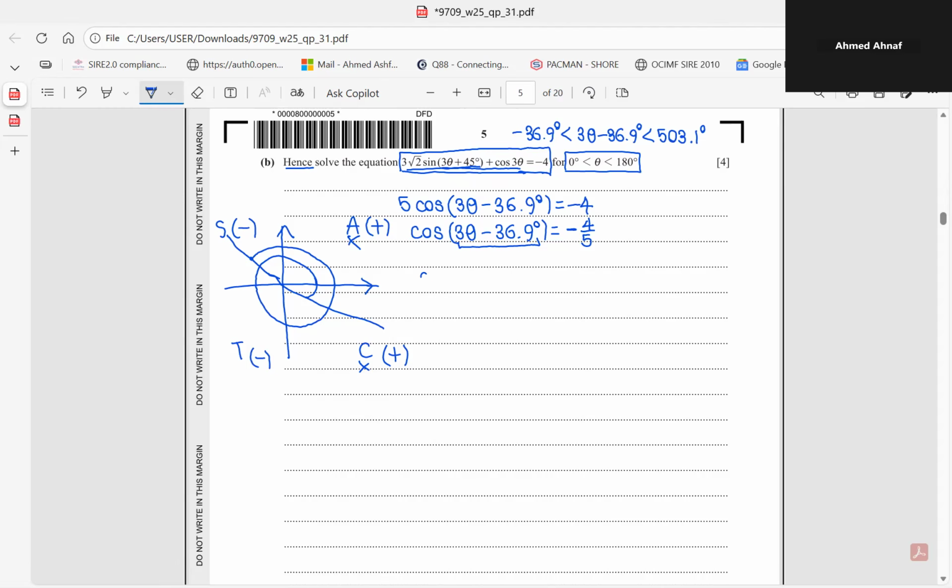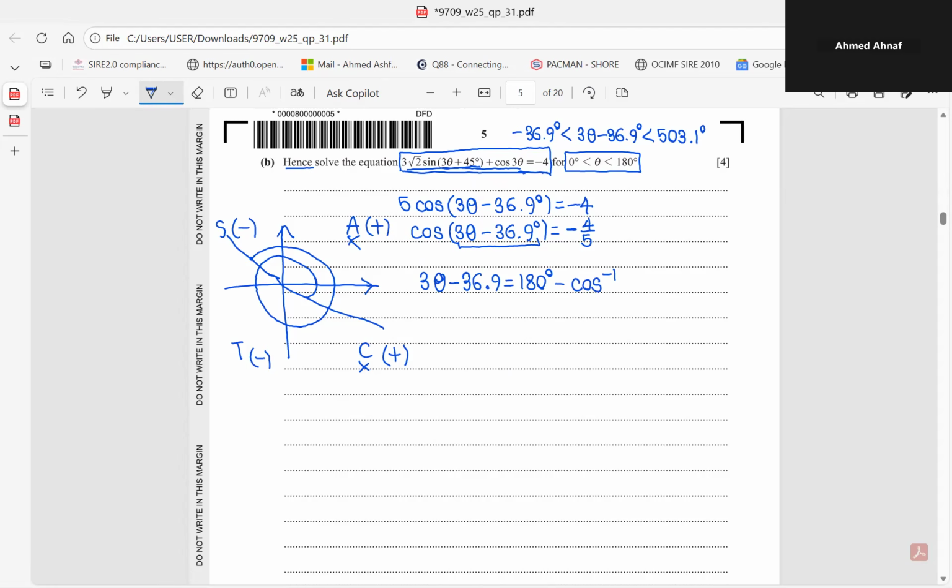Okay, so let's do that. So 3 theta minus 36.9 equals 180 minus the basic angle. So that's just cosine inverse 4/5, without the negative sign.